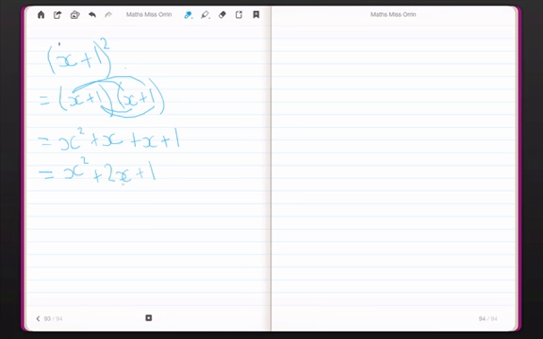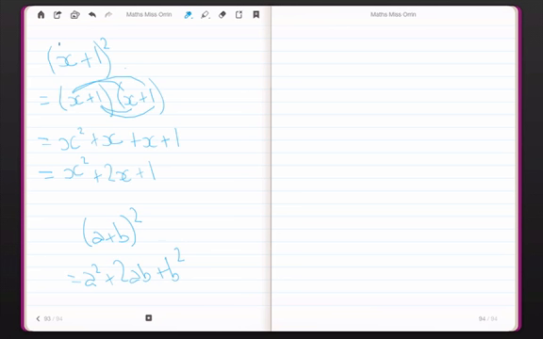Now, this is what we call our perfect squares rule. If you've got a plus b squared, our rule is a squared plus 2ab plus b squared, okay?